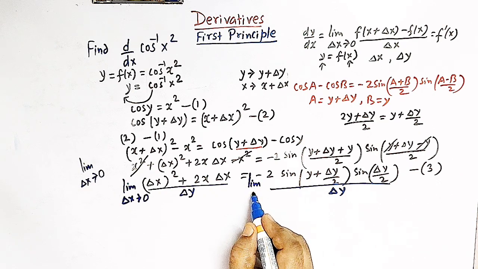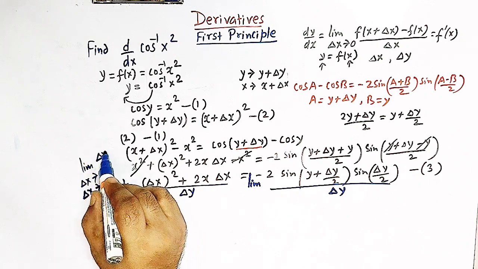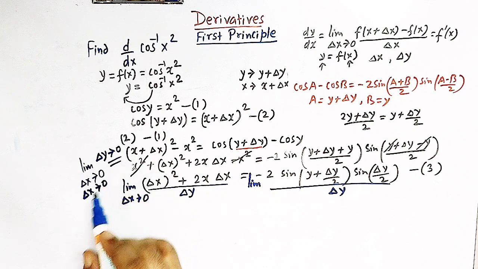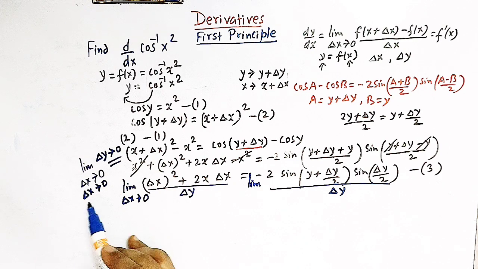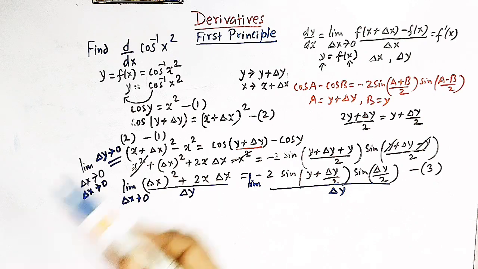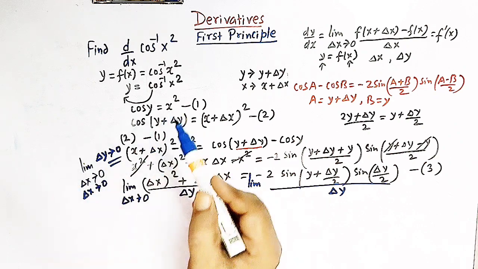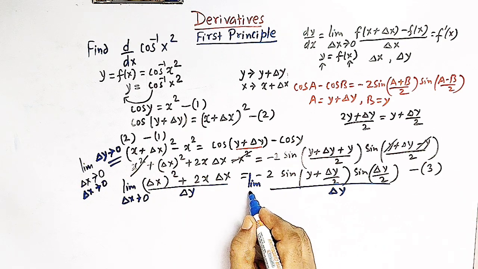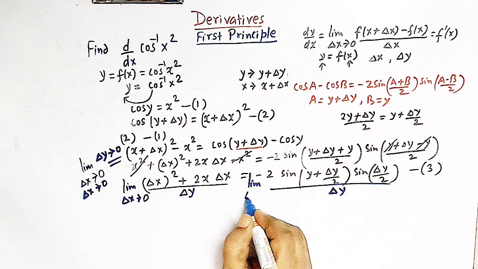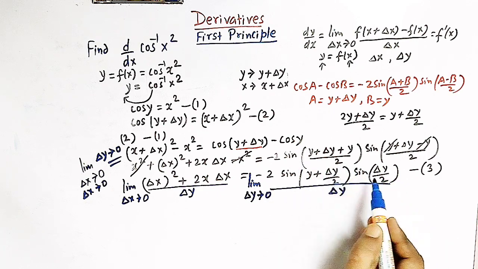But here what we will do, when delta x tends to 0, then delta y also tends to 0. So it implies that when the increment, that is delta x, is tending towards 0, then the corresponding increment in y, that is delta y, also tends to 0. So here, instead of writing delta x tends to 0, we can write delta y tends to 0, because when delta x tends to 0, delta y tends to 0. So here we have the term involving delta y.